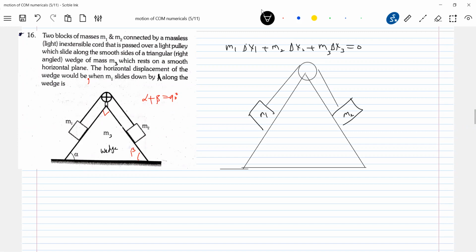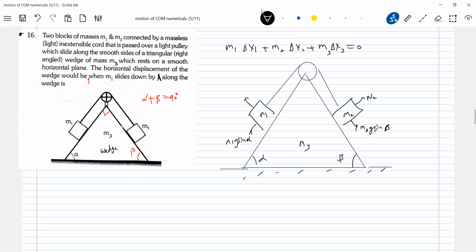M2, this is M3, alpha, beta. Beta is what? 90 minus alpha. What are the forces? M1G sine alpha, M2G sine beta.